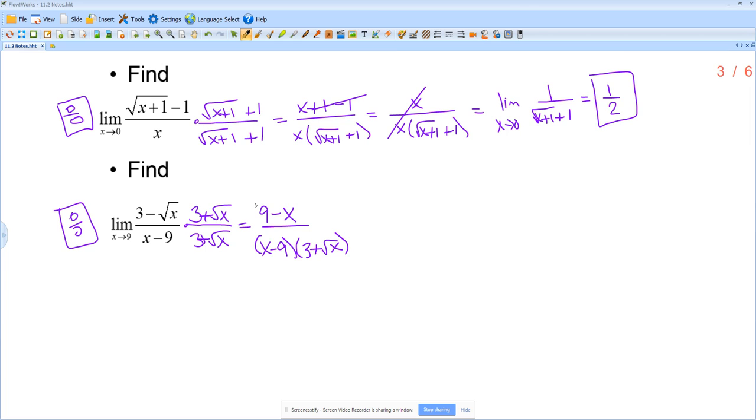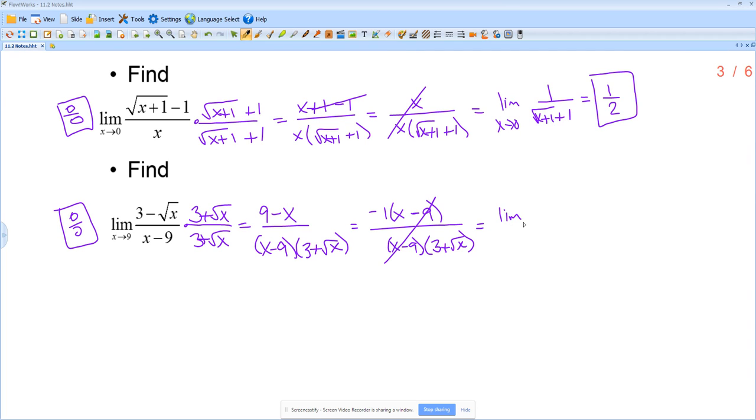Now you might be looking at these and thinking, oh, I can cancel them, and you only sort of can, and I just want to show how that looks. What you have to do is factor a negative 1 out of this numerator so that the x becomes positive and the 9 becomes negative. That's a negative 1 times x minus 9 over x minus 9 times 3 plus root x. And now my x minus 9s can cancel.